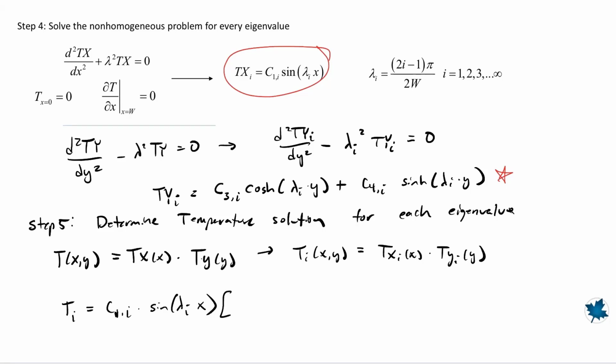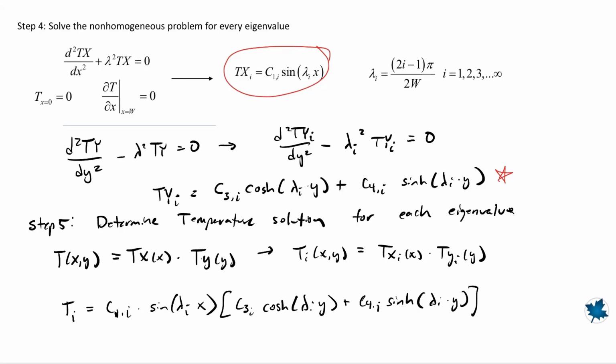It's just what we had up there. It's C3i cosh of lambda i times y plus C4i sinh of lambda i times y.